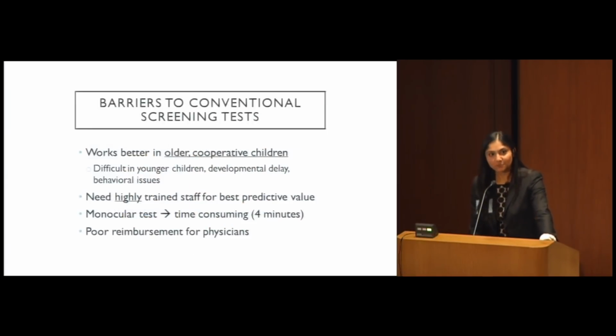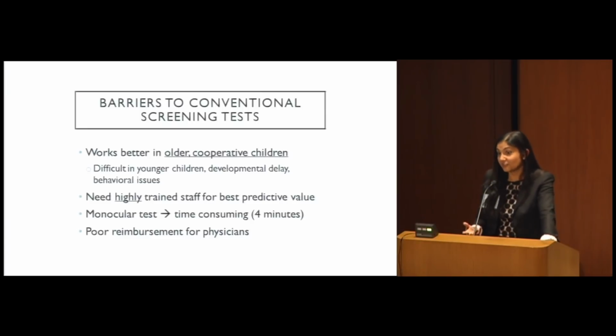But these conventional approaches do have substantial barriers. As we saw from the visual acuity testing, the positive predictive value is quite dependent on the experience of the person who's taking the measurements. Part of this is because these tests work better in more cooperative children, oftentimes when they're older.